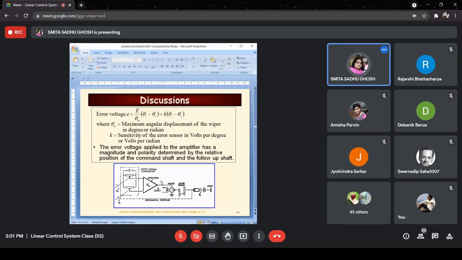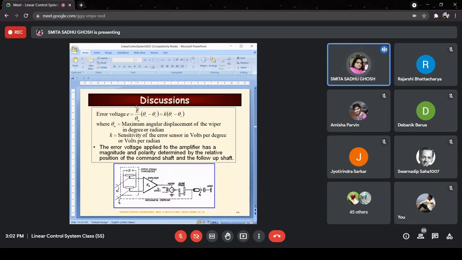So here now, if you look at this diagram, which is the error voltage? Error voltage is this voltage which is being applied at the input of the amplifier. So the error voltage will be proportional to theta r minus theta c. That is what is indicated over here. And what would be the constant of proportionality?